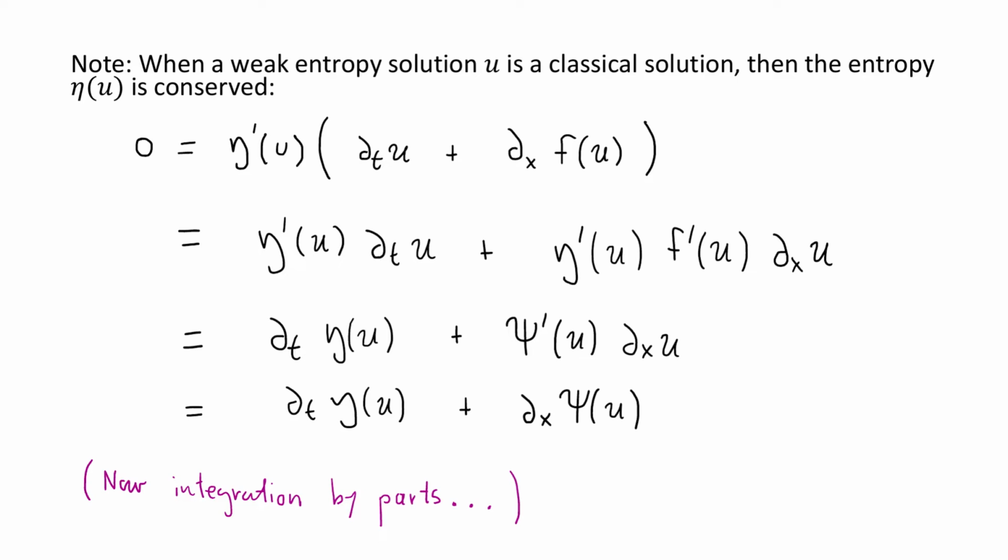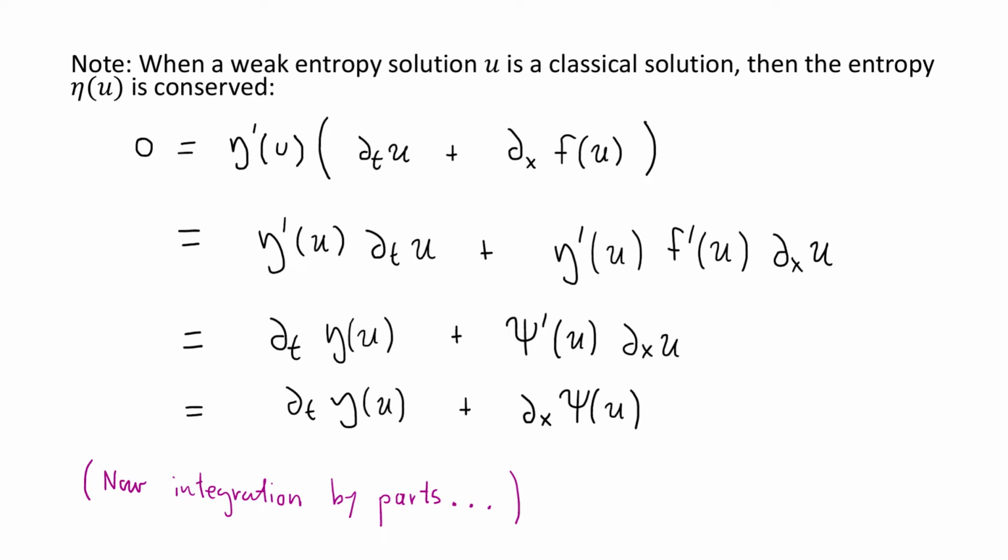Now we recognize an application of the chain rule. The first term can be replaced by t derivative of eta of u, and using the definition of entropy-entropy flux pair, the second term can be replaced by psi prime of u times x derivative of u. And in the last step, the second term can be further simplified to x derivative of psi of u. So we have that 0 equals t derivative of eta of u plus x derivative of psi of u.